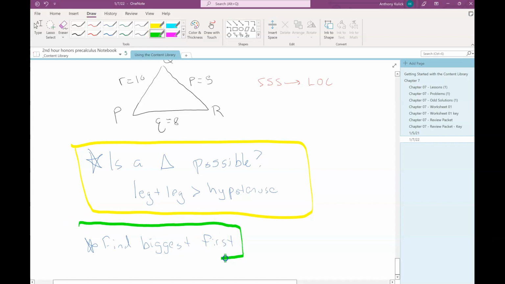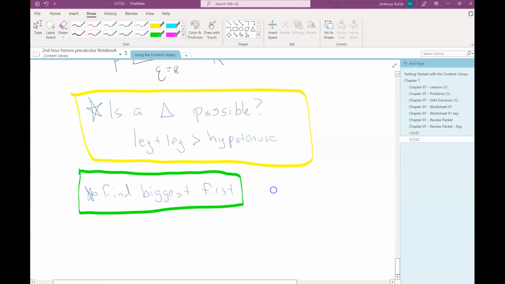How do you know that R is the biggest? Because R was the biggest side, right? Means R is going to be the biggest angle.